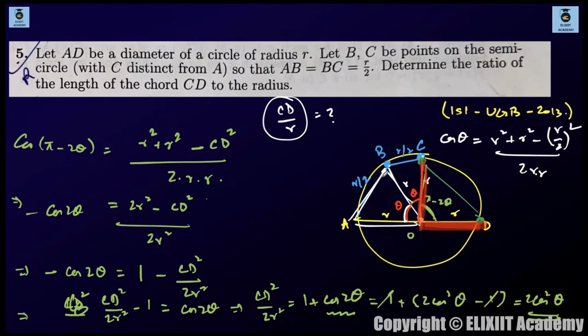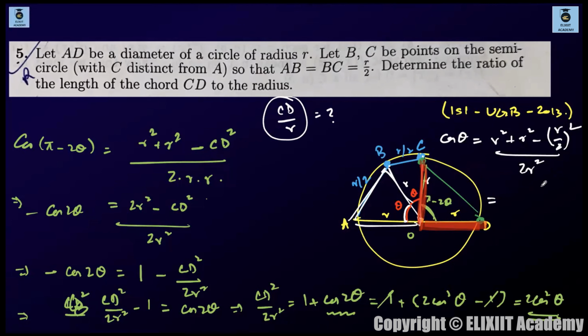Opposite side is R by 2, and the remaining sides are R and R. 2R into R means 2R square only. So we find cos theta from here, and then we'll simply put the value.